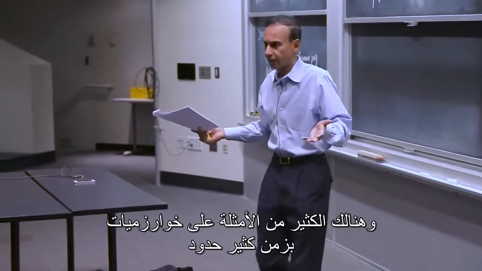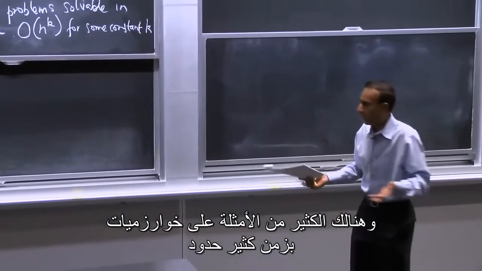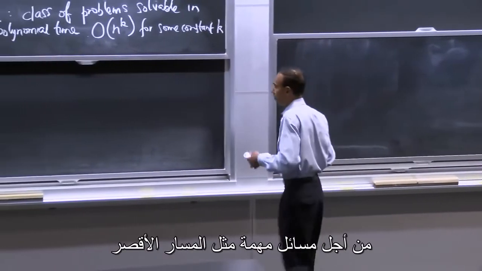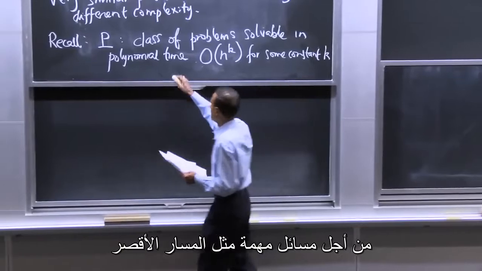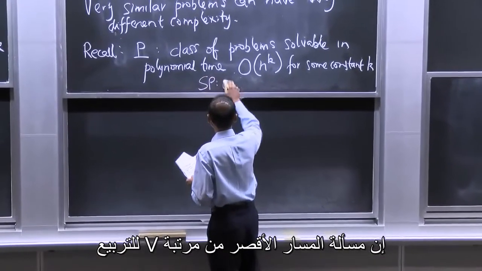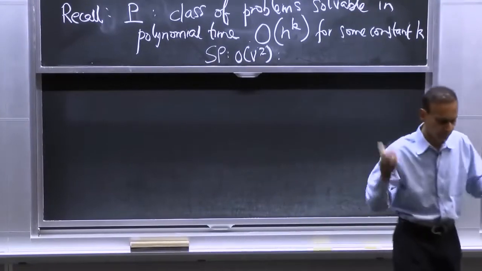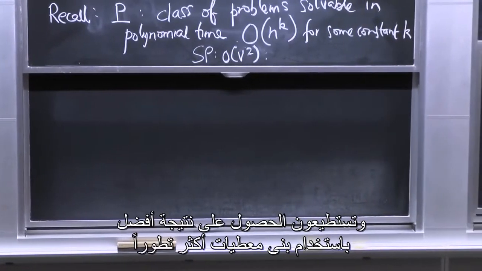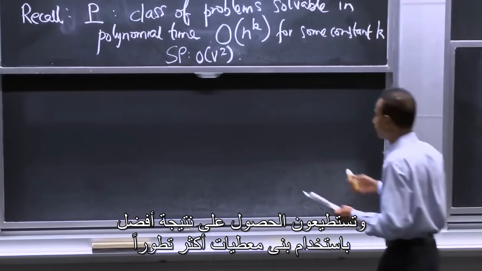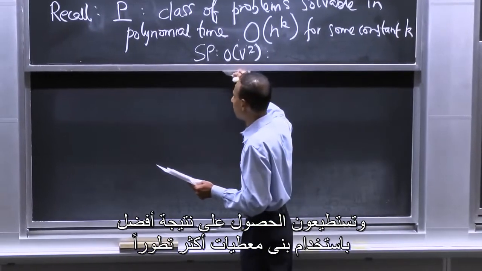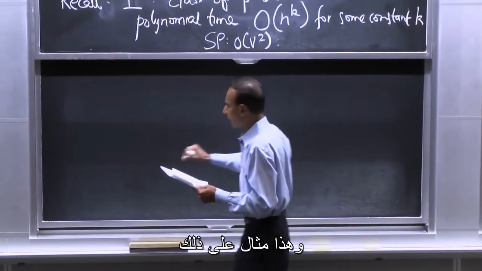There are many examples of polynomial time algorithms for interesting problems like shortest paths. The shortest path problem is order V squared, where V is the number of vertices in the graph. You can do a little bit better if you use fancier data structures, but that's an example.